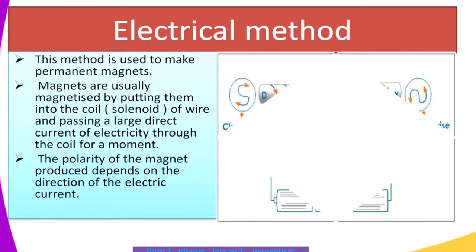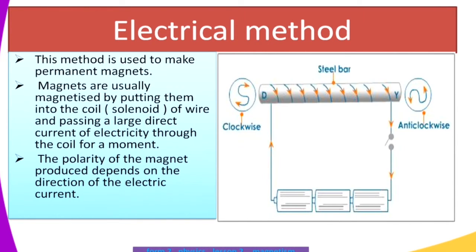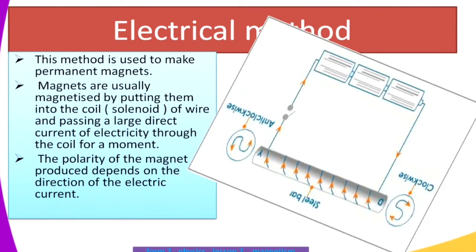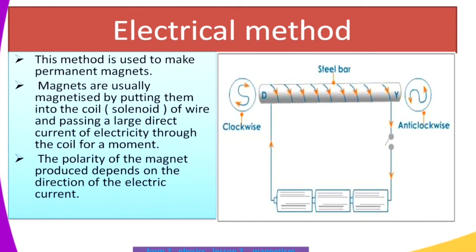So the diagram here is able to explain to us. Now look at the ends. That's the flow of the current, and at the point D, the current is flowing in a clockwise direction, and therefore that end becomes the south pole of the steel bar. The other end shows that the current is flowing in an anticlockwise direction, and therefore that end becomes the north pole of that particular magnetic material.